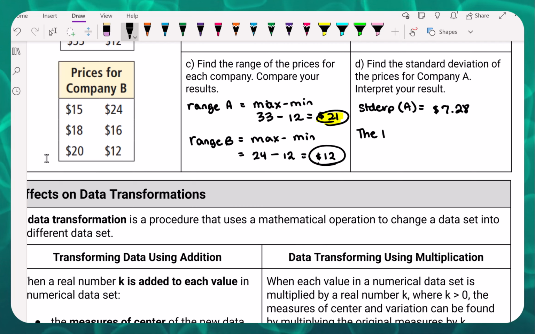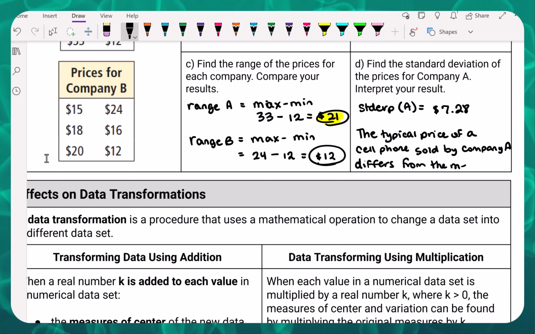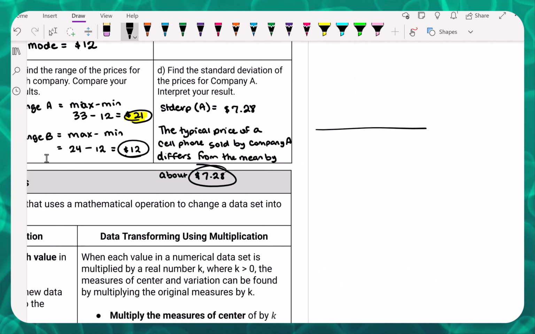We're going to say the typical price of a cell phone sold by company A differs from the mean by about $7.28.